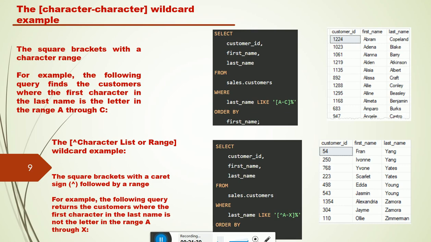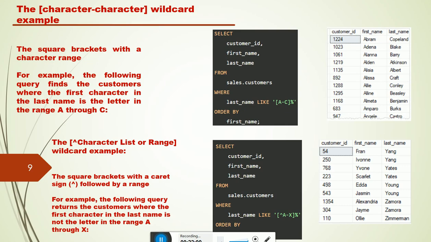The character range in square brackets with a hyphen wildcard example. The square bracket with a character range. For example, the following query finds the customers where the first character in the last name is a letter in the range A through C. See the query.